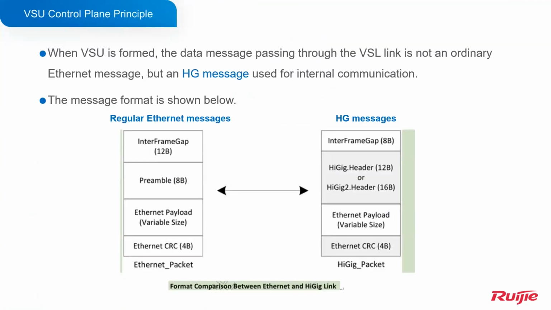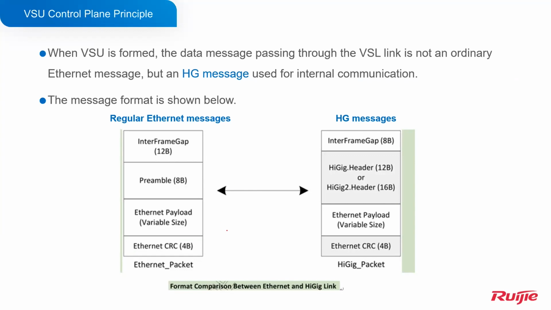If you deploy the VSU between two or more switches, then we have to use a VSL link to connect them with each other. Between the switches, we will not use the original Ethernet message again. We will use some special HG message.